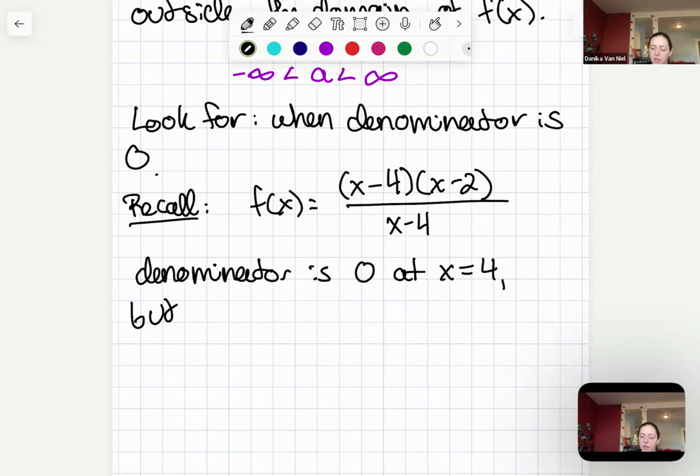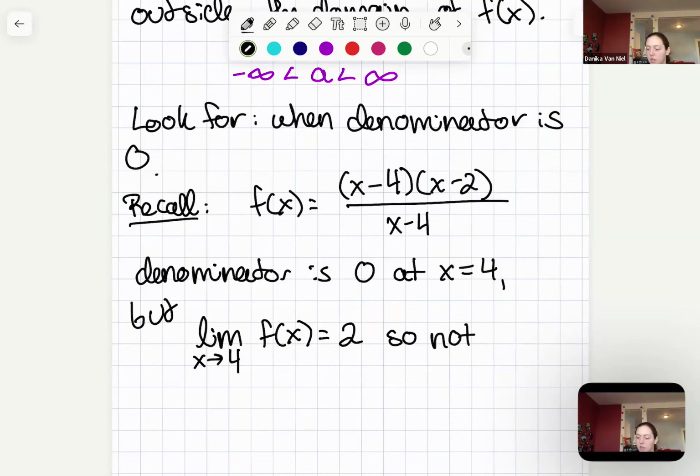But the limit as x approaches 4 of f of x, as we showed above, is 2. So not a vertical asymptote. It's just not on the function.